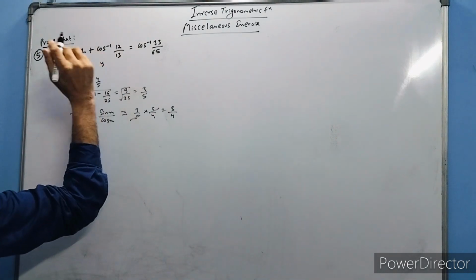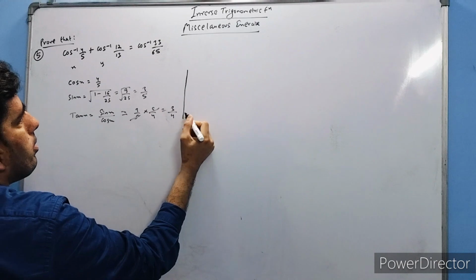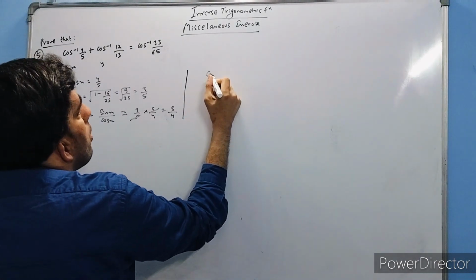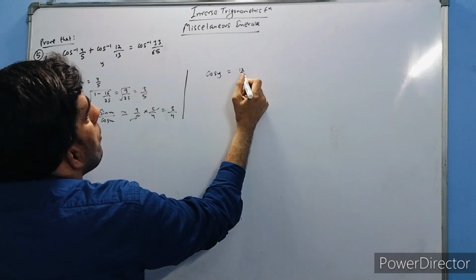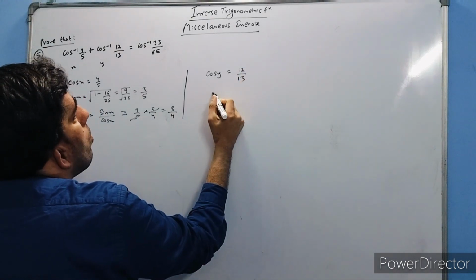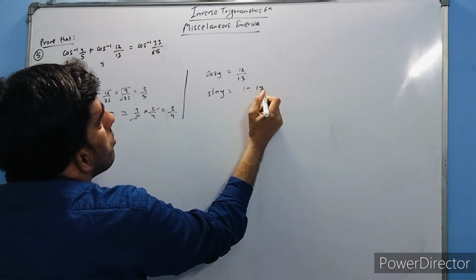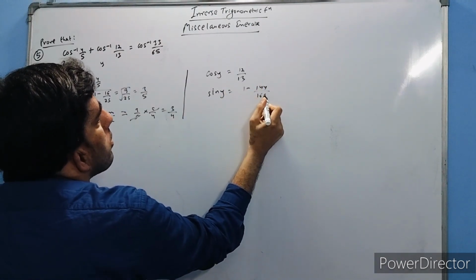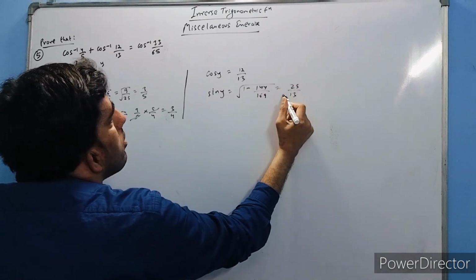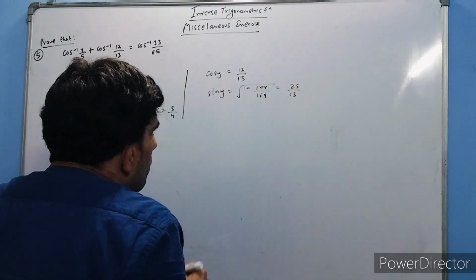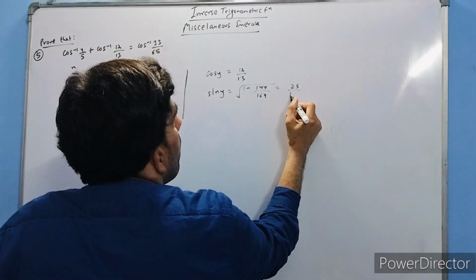Now try to solve y. If I solve here y, it will be cos y is equal to 12 upon 13. So sin y will be 1 minus 144 upon 169, so I have 25 upon 169.